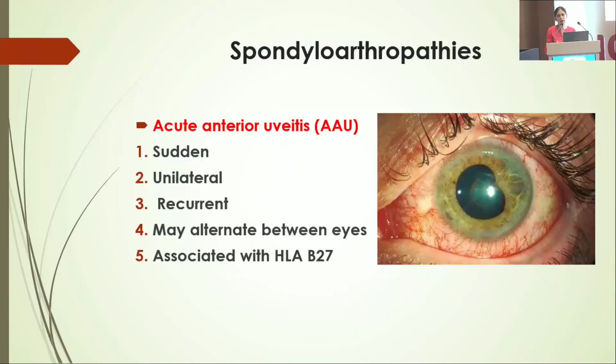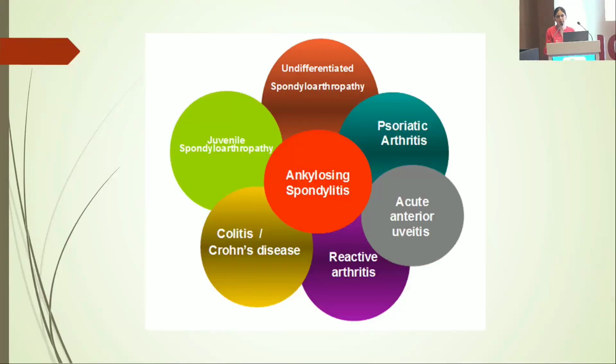A big spectrum, spondyloarthropathy, usually presents as acute anterior uveitis, which is sudden, unilateral, recurrent, alternating between the eyes and often associated with HLA-B27. So the big spondyloarthropathy group comprises all these kinds. It is either psoriatic or reactive, IBD associated.